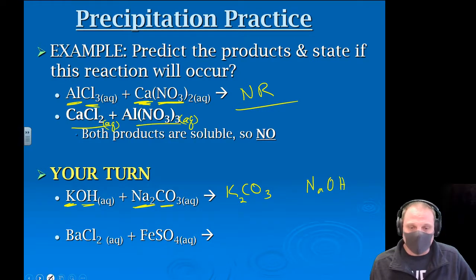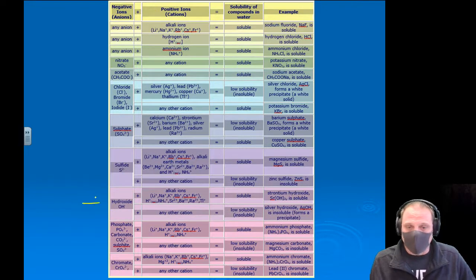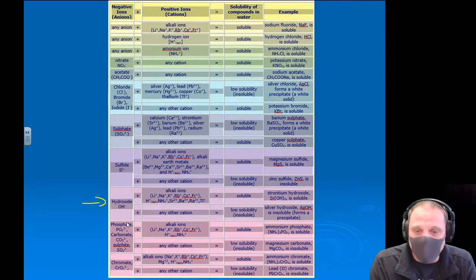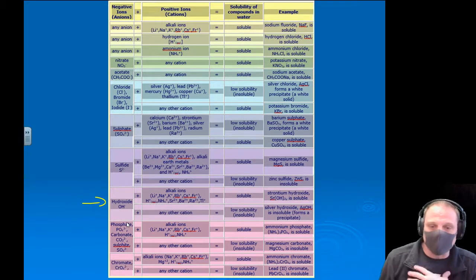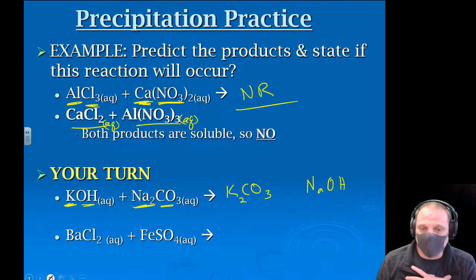Well, let's look at our chart again. Here's hydroxide. Now, remember, we told you to write down most hydroxides are insoluble. However, look at the ones that are soluble. Look at this, sodium right there. So sodium hydroxide is soluble, right? The other one we were looking at was the potassium carbonate, right?